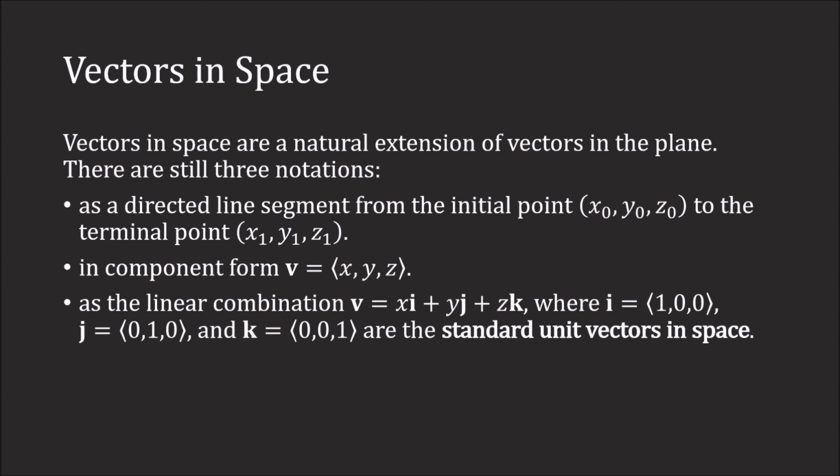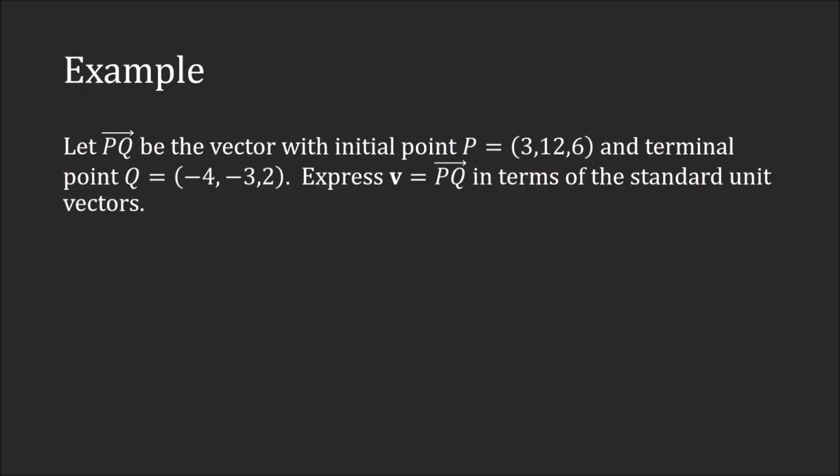And the zero vector in space is just the vector whose initial and terminal points are the same, so it's denoted as bold 0. So let PQ be the vector with initial point (3, 12, 6) and terminal point (-3, 2). We want to express this vector in terms of the standard unit vectors.